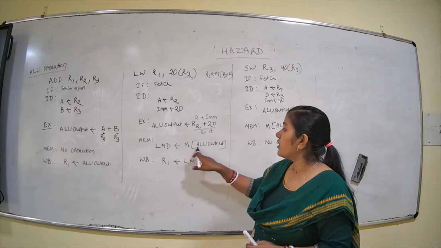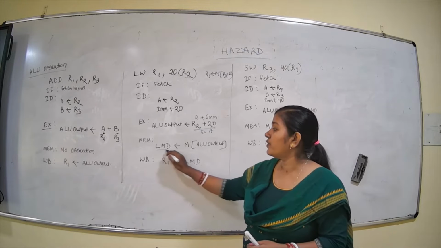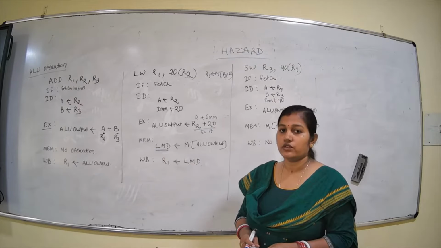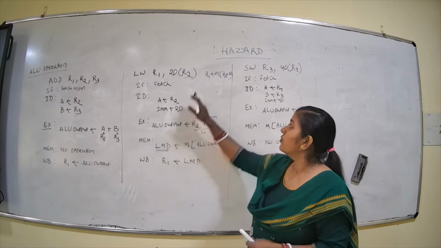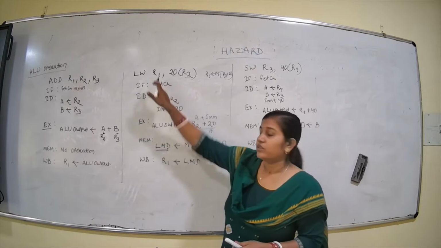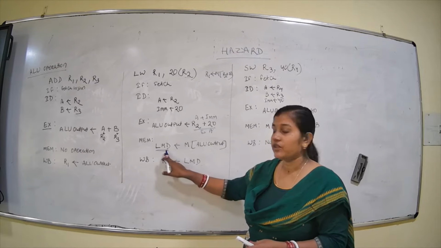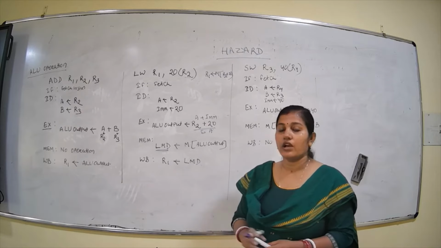So we read the memory at the ALU output address and store it into the LMD register, the load memory data register. Now, in the write back stage, we are writing into R1. From where will we take the data? From the LMD. The content of LMD is written into R1.